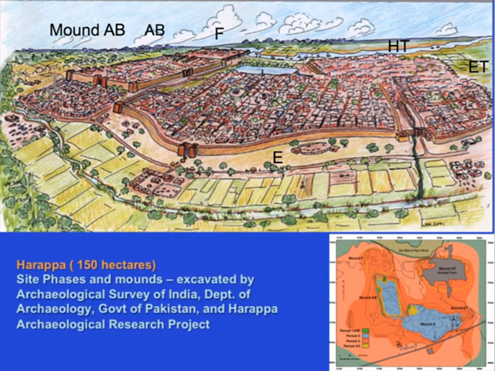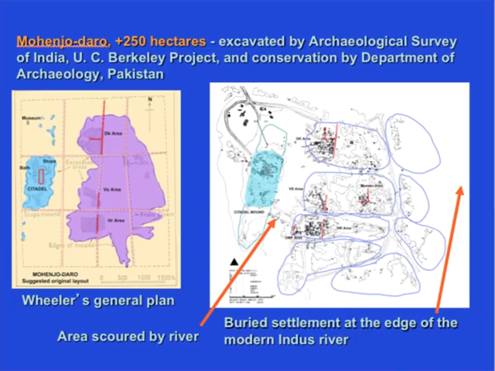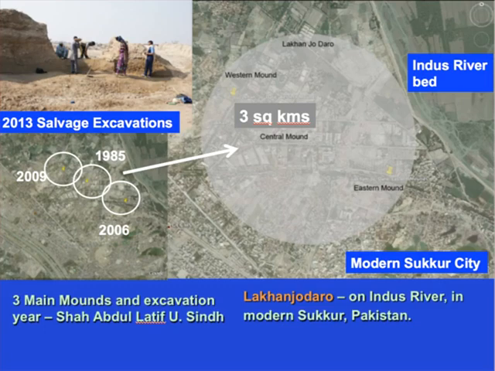And these are things that need to be better studied in the future so that we can understand who was living inside the walled area and who was living outside the walled area. The same pattern can be seen for Mohenjo-daro and other settlements. We have large sites that are currently being destroyed by modern developments, such as Mohenjo-daro.